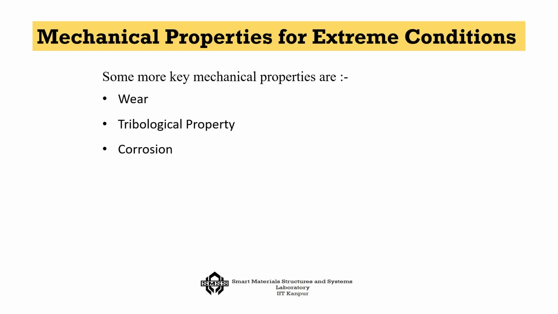So, we have completed most of the important properties, okay, that we need from a product design point of view, and some other properties that I have not considered and will consider in future lectures are in terms of wear and tear, the tribological properties and corrosion. They also play an important role from a materials point of view of application.